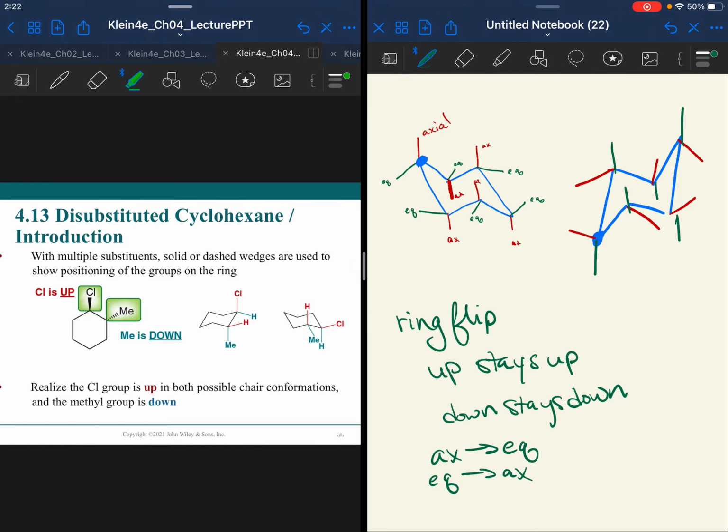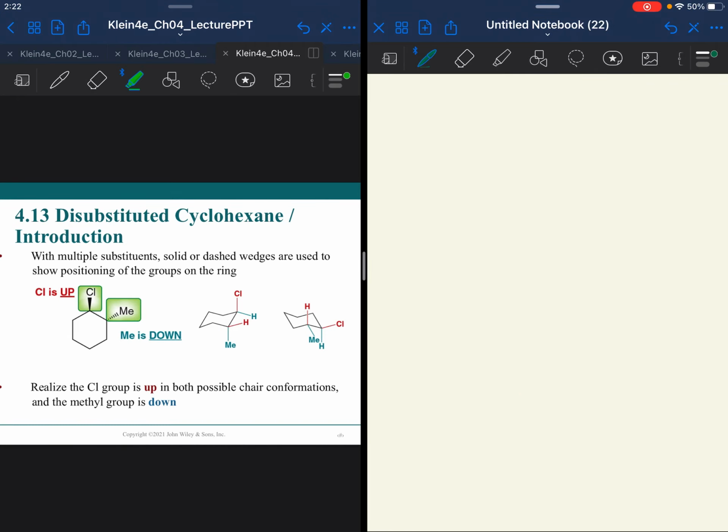So, for instance, when we are drawing our rings, in this case, we are given a flat representation and wedges and dashes. And that is going to be how you are asked problems sometimes. What you want to recognize is that we're talking about sides of the ring. Wedges and dashes are the same difference as up and down.